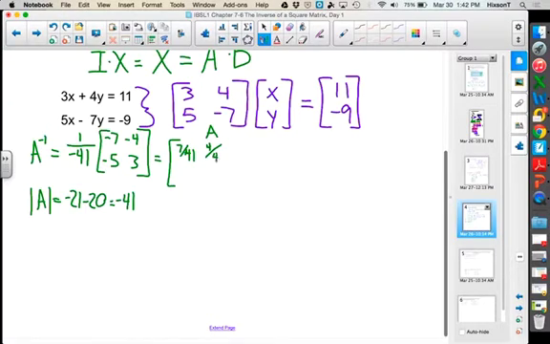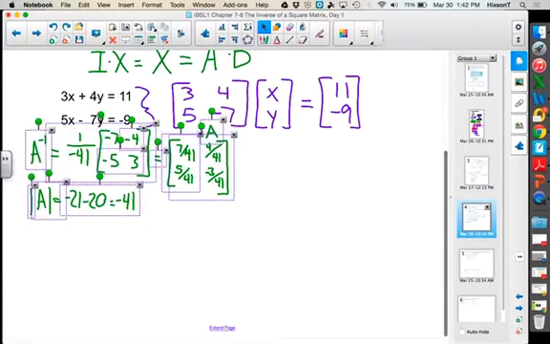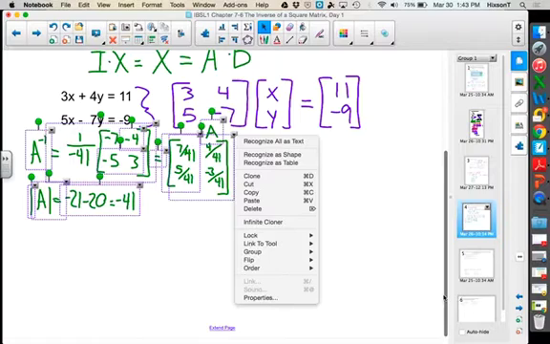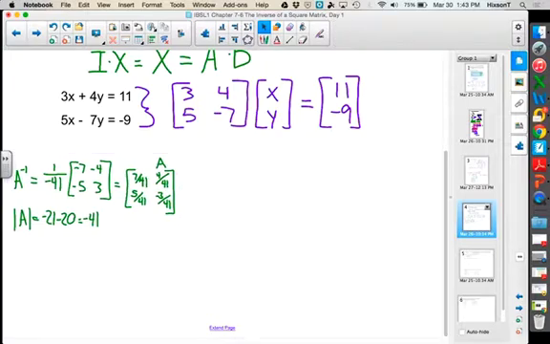Positive 4 41sts, positive 5 41sts, and a negative 3 41sts. That right there is our inverse.